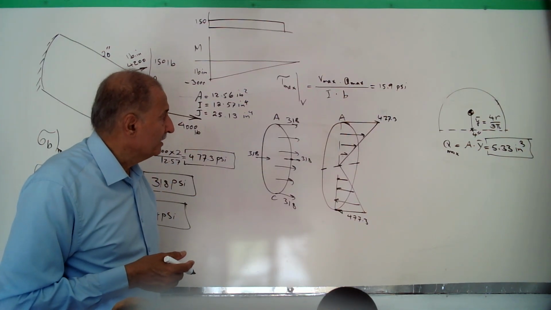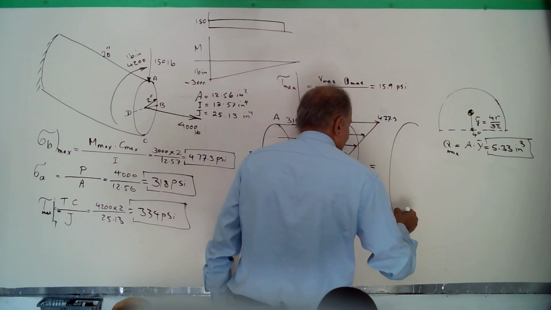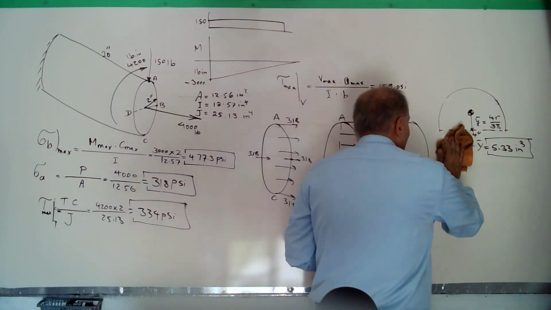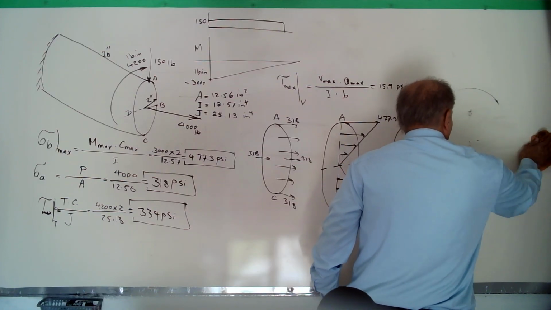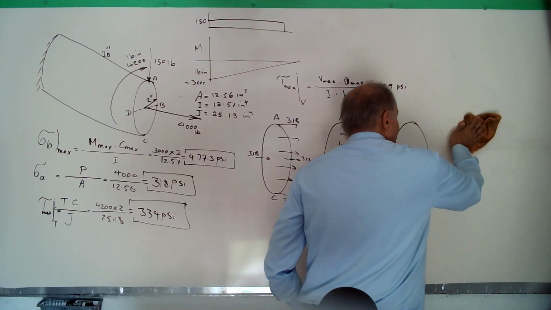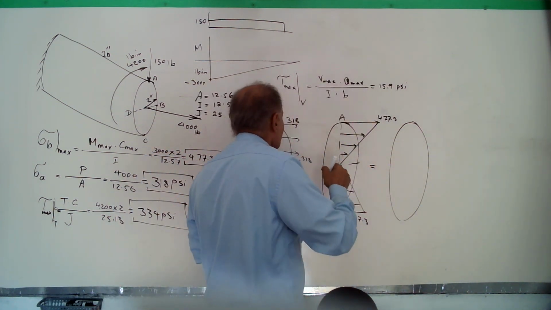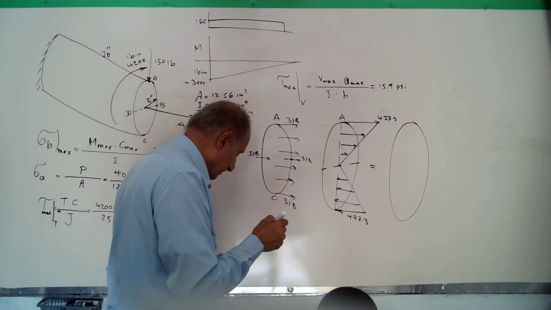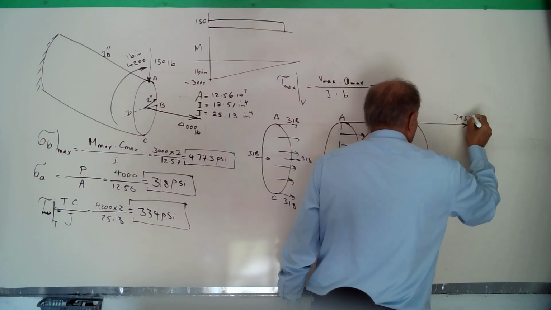And how much is the resultant? 318 added to 477, it is 795 psi.